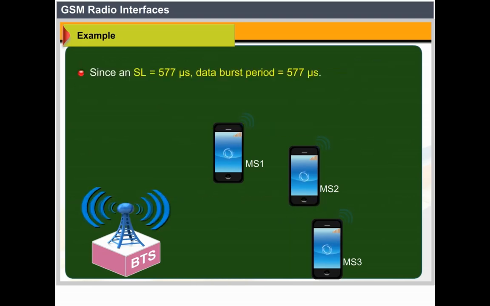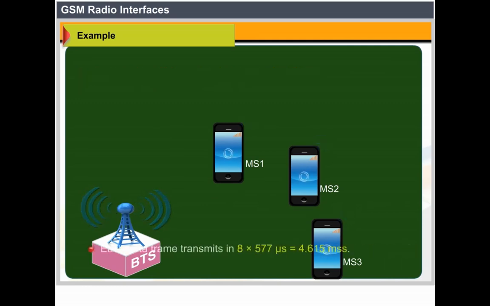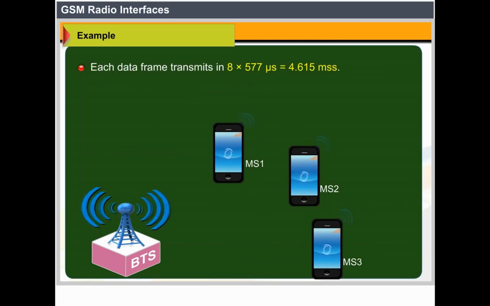Since an SL is equal to 577 µs, data burst period is equal to 577 µs. Each data frame transmits in 8 into 577 µs, which is equal to 4.615 ms.